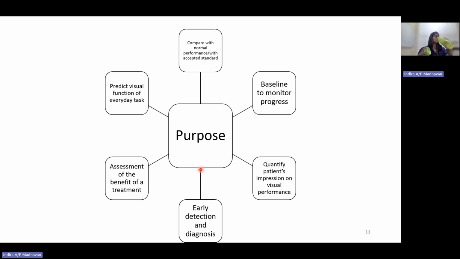Just give me 1 minute. Wait, let me check if the recording is happening or not.